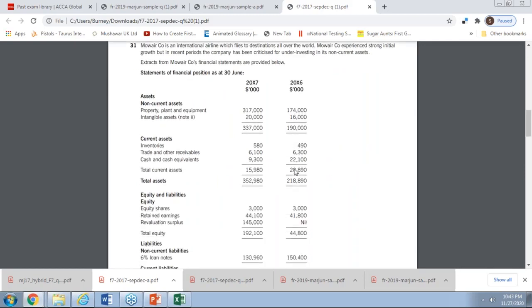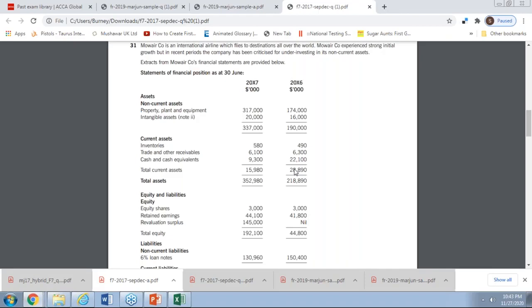Sector average, non-current assets 2006 and 2007. This is the interpretation of a single company. Property, plant and equipment went from 174 to 317. The company has invested heavily in property, plant and equipment, but it was criticized that it is not investing. Intangible asset value has increased from 16,000 to 20,000. Inventory has increased from 490 to 580.